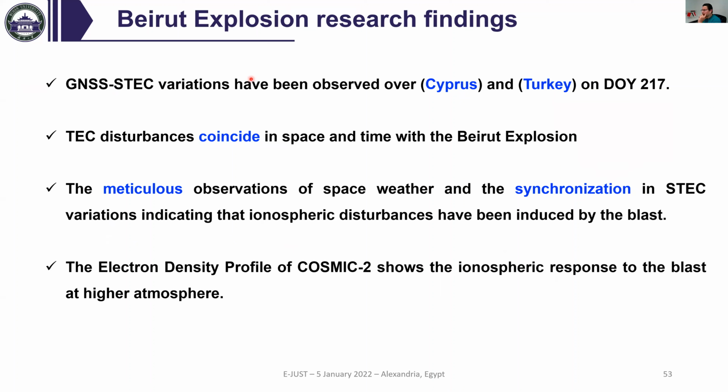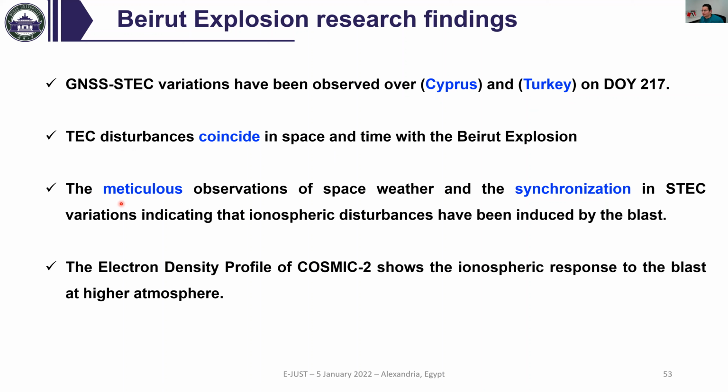The findings from this work: GNSS STEC variations have been observed over Cyprus and Turkey on the day of the event, 217. The TEC disturbance coincides in space and time with the Beirut explosion.